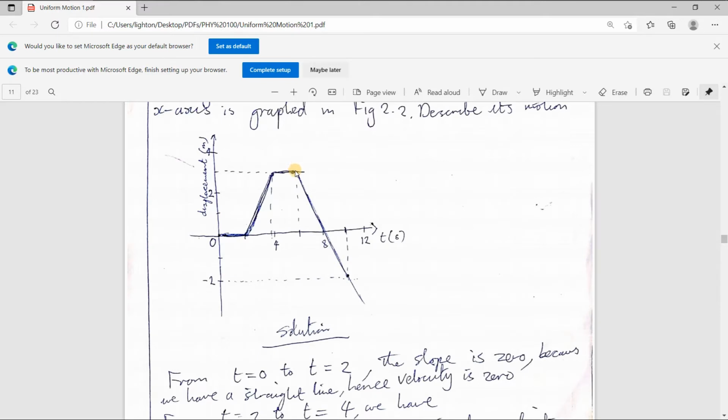Now this other part of the graph goes all the way down. For this part of the graph, we can't take this point as reference for solving for the gradient, because this line is not passing exactly through 8.